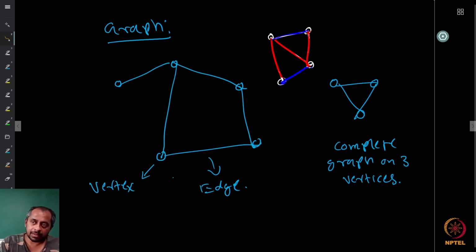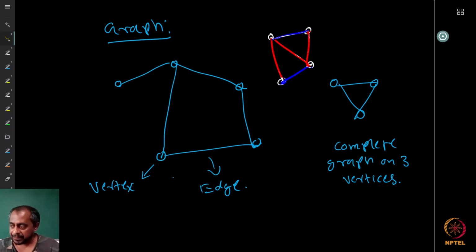Vertices can represent people, or terminals in a communication network, or components in an electronic circuit. And the edges can be, for example, the channels of communication, or whenever we are friends, I put a line between us. There's a relation.